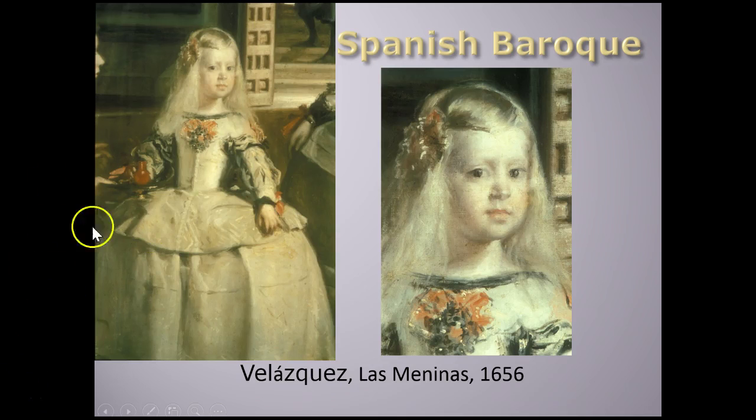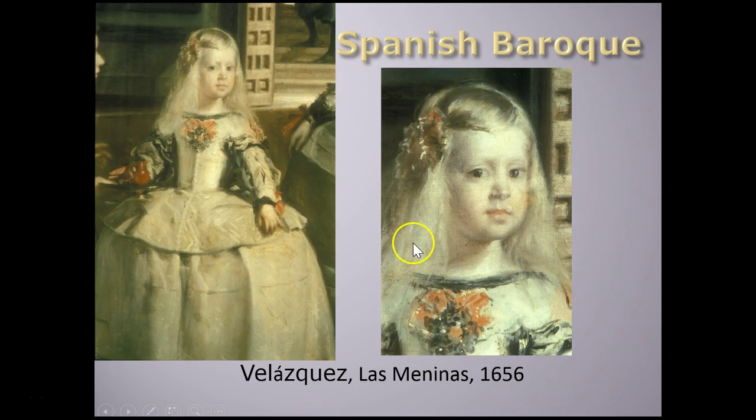Here's a detail of the little girl. He also is playing with optical illusions and realism, and Velázquez understands the different subtle tonal ranges of light. He knew that lights and darks were not really placed next to each other in nature, and his style of painting appears very soft and almost expressionistic upon closer look, but when again you step back, it looks like a photograph from a distance.